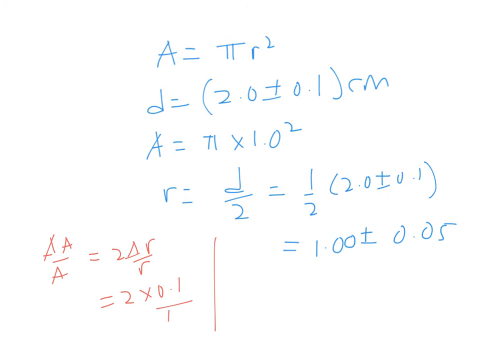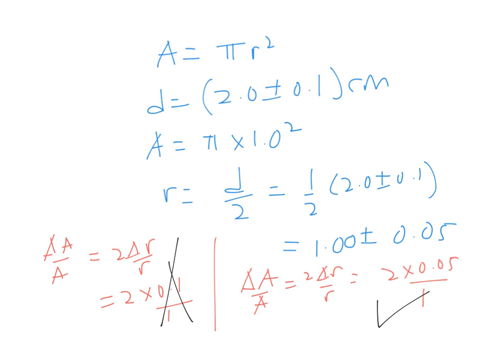But if you had realized that the radius has a different uncertainty, delta A over A equals 2 delta R over R, which gives you 2 times 0.05 over 1. So you notice that the fractional uncertainty for A is different if you use the uncertainty of radius as 0.05 or as 0.1. So this is obviously wrong, but this is correct.